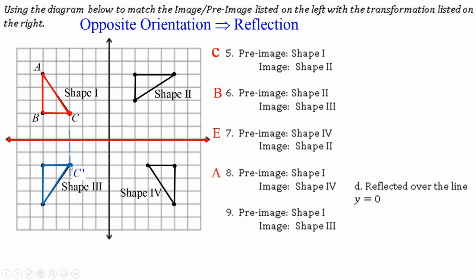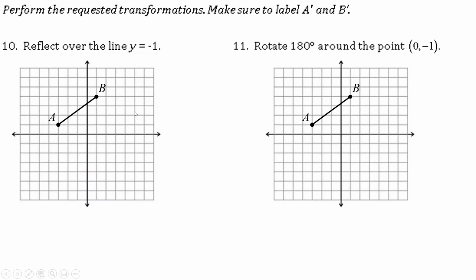That looks perfect to me, because that is a 90-degree angle right there, a horizontal and a vertical. So 90 degrees, we're all good. And the distance from C prime to the line and the line to C, those would be equivalent distances too. So the answer to 9 is D, and that is the matching section for transformations. Really cool stuff.